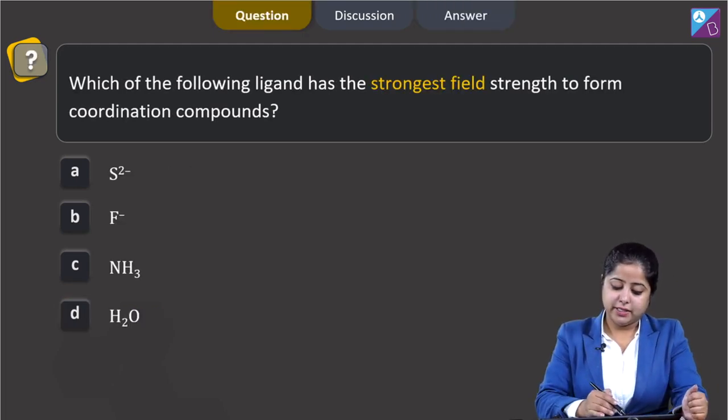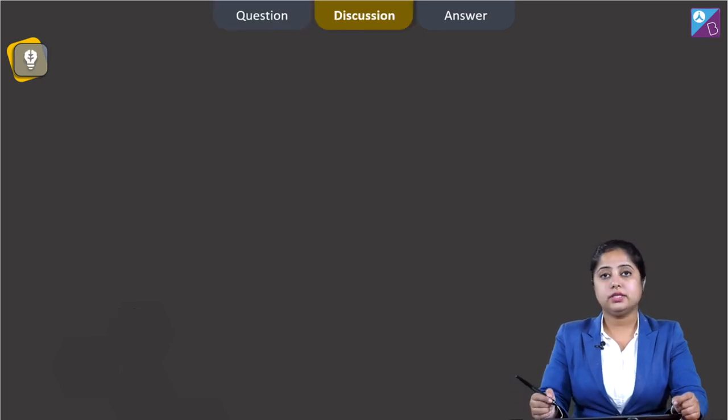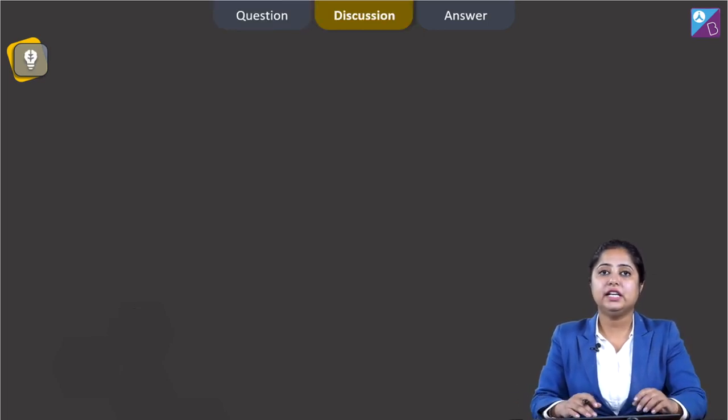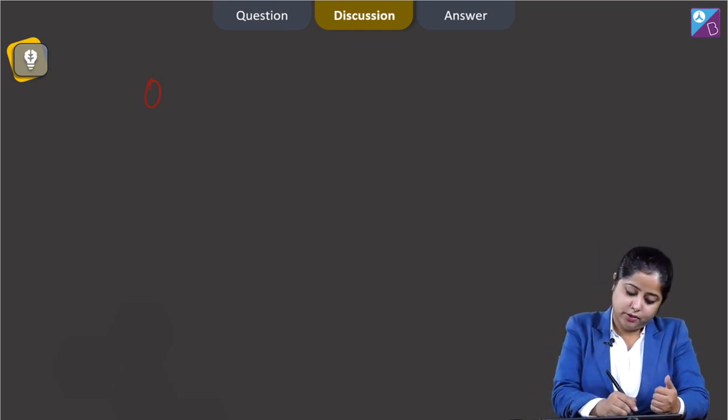Which of the following ligands has the strongest field strength to form coordination compounds? The options are S2 minus, F minus, NH3 and H2O. So students, I am writing the order of ligand field strength that was given in the spectrochemical series.